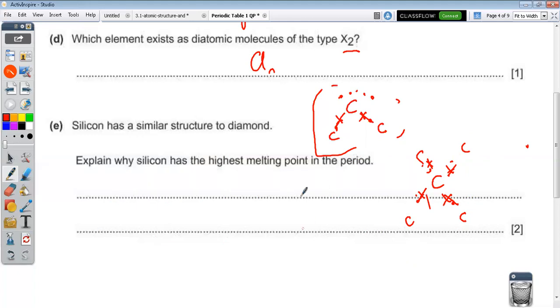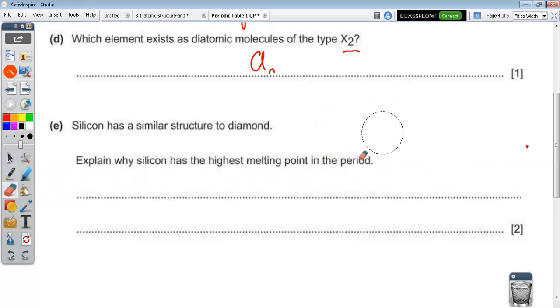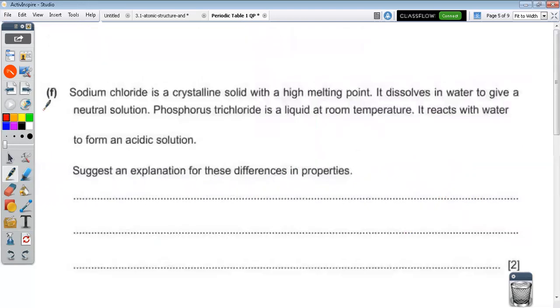So there is no way it can conduct electricity. Are we together? Is that making sense? Yes, sir. And you've got diagrams in your textbook that show what I'm talking about.